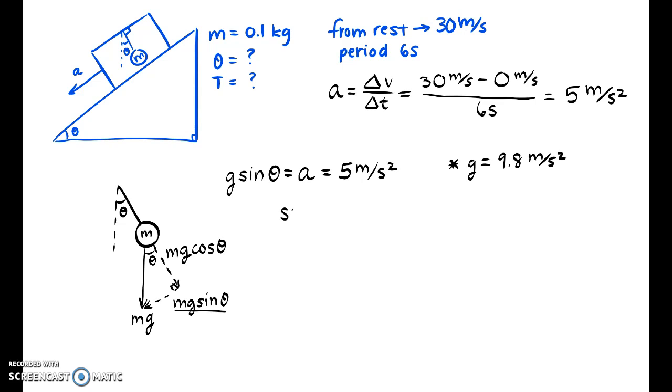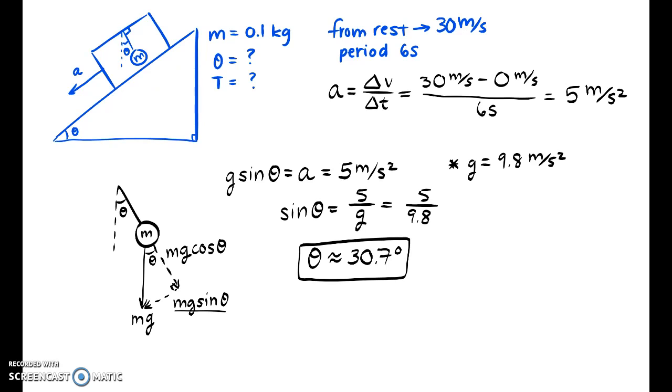So sine of theta is 5 over 9.8. This value is approximately a half, so theta should be approximately 30 degrees. If we put it into our calculator, we find that theta approximately equals 30.7 degrees. And so there is our first answer for the value of theta.